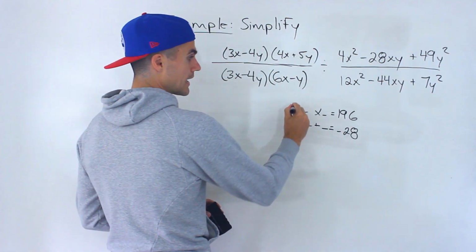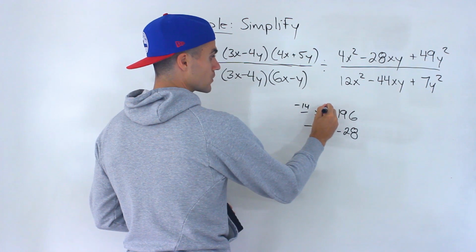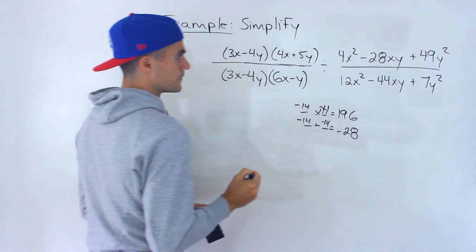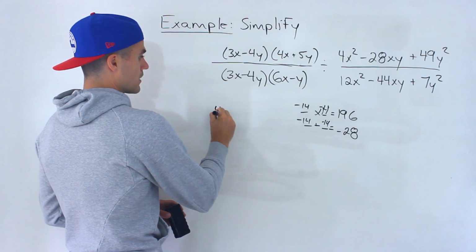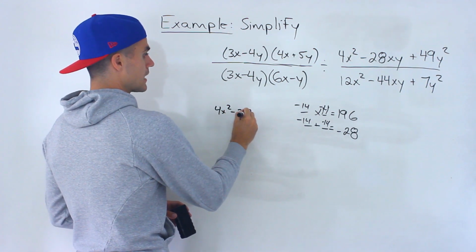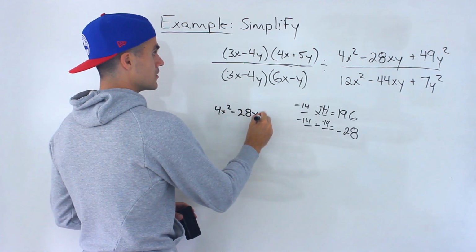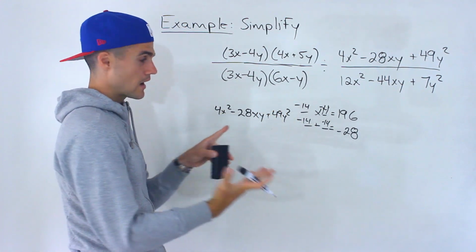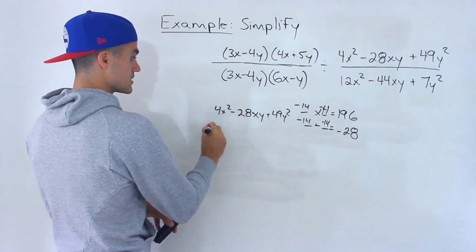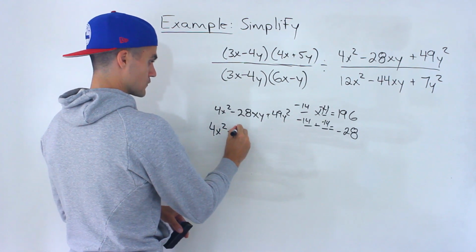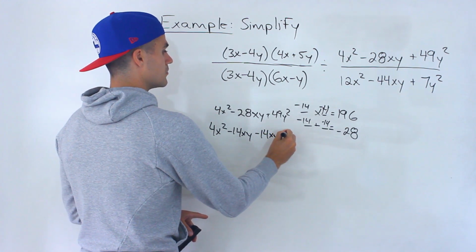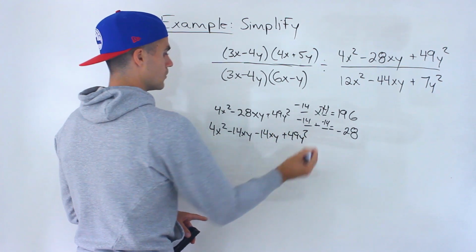It would be negative 14, negative 14. Right, so the negative 28xy decomposes into minus 14xy minus 14xy plus 49y squared, like that.